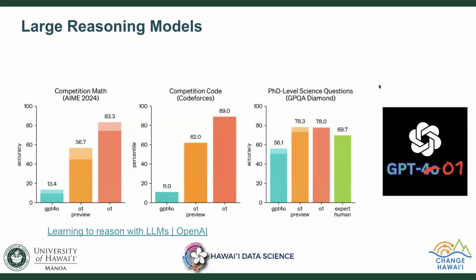As the technical reports from OpenAI show, those reasoning models can outperform models that cannot directly reason. And in PhD level science questions, those large reasoning models can even outperform human experts.